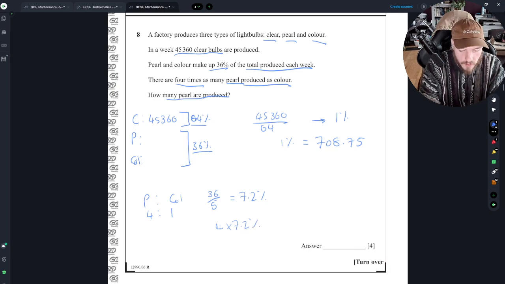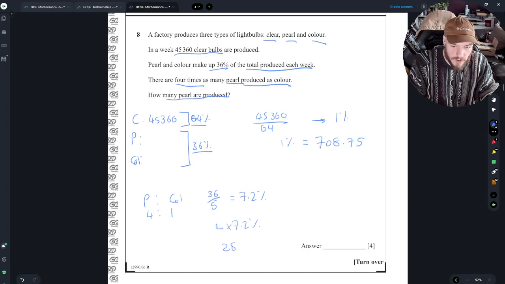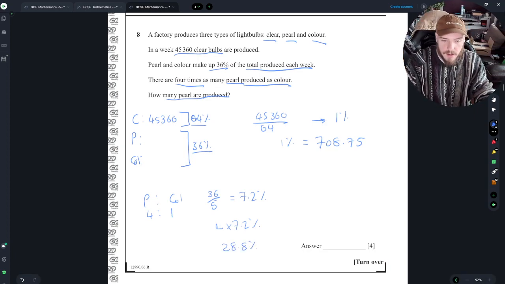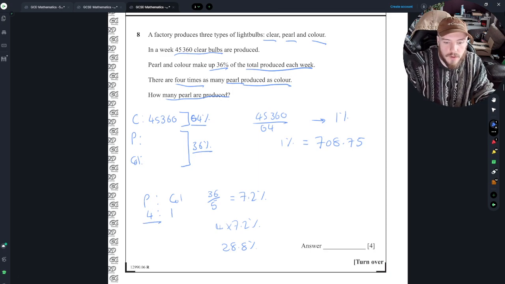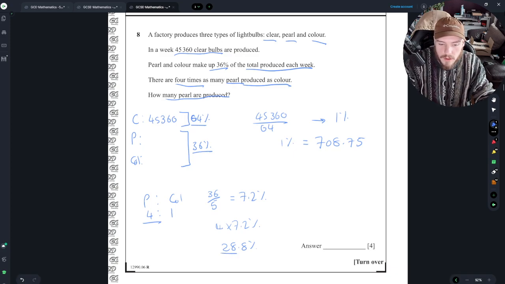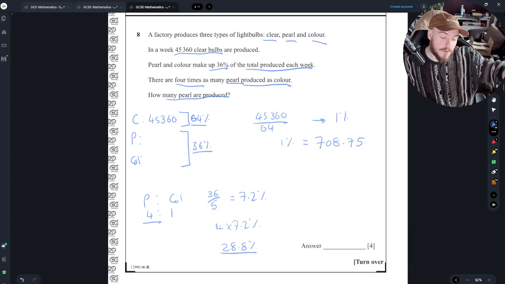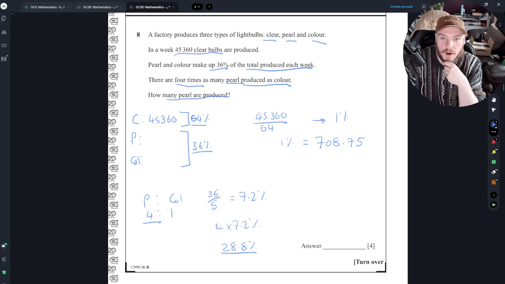We're looking for what percentage of pearl that we have, so we'll multiply our 7.2 by 4. Okay, so 4 multiplied by 7.2 gives us 28.8% for pearl. Okay, so I know that in total 28.8% of the total produced each week is pearl.